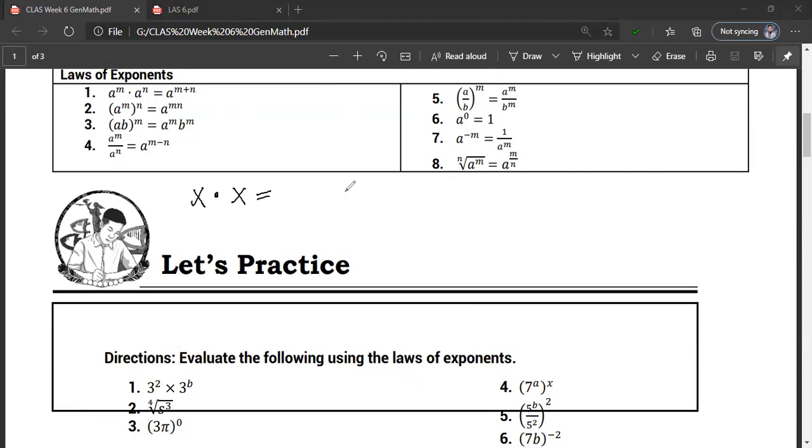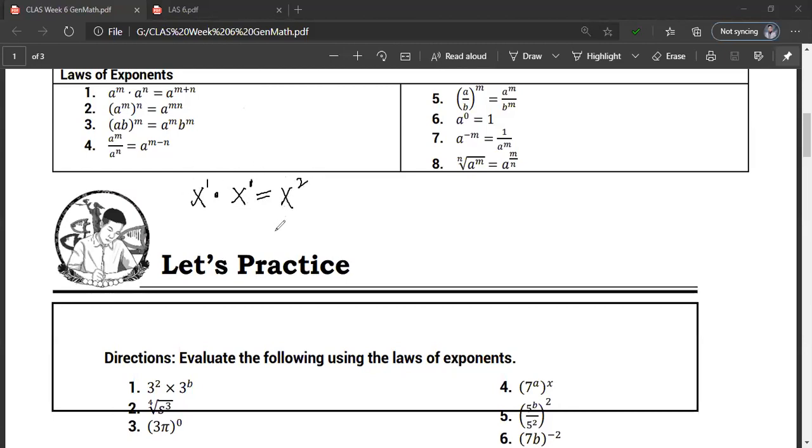Kasi i-apply natin yung law of exponent. Yung x, meron siyang imaginary exponent, which is 1. Based on our law of exponent number 1, kapag nag-multiply tayo ng number or variable with the same base, i-add lang natin yung exponents. Therefore, ang exponent ng dalawang x ay 1 plus 1, which is 2.